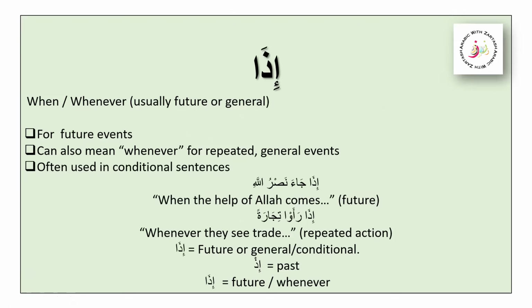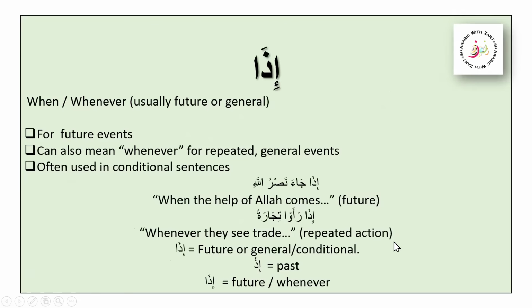Then we have "Iza ra'aw tijaratan," whenever they see trade. So this is a repeated action. Again, we learn that it can be translated as "when" for future events, and "whenever" when there is a repeated or general event.